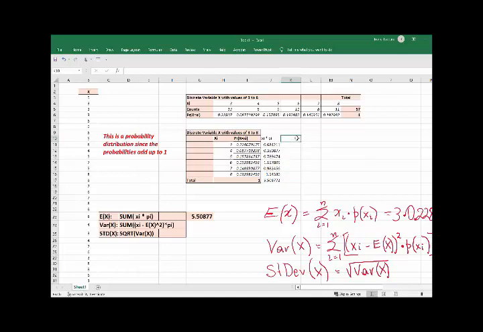Right here, the next step that I want to do is for every xi, I want to subtract the expected value. So for every xi, I want to subtract the E. This is what I want to do here. Excellent. How do I do that? The xi's are on this column, and I want to subtract this value, so I need to lock this value when I do it.